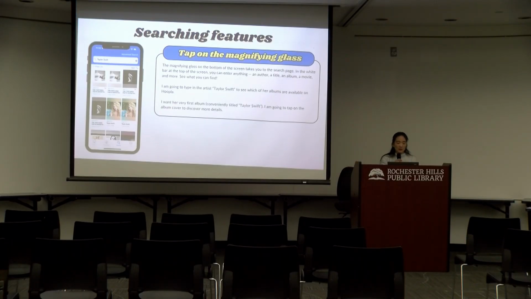So what we're going to do is search for a music album, for example. So I am going to search for an album by Taylor Swift. Now, you have two different options. If you want to search for an artist or an actor, a director, any sort of person involved in the creation of something, such as the author of a book, for example, my recommendation would always be to type in last name, comma, first name.